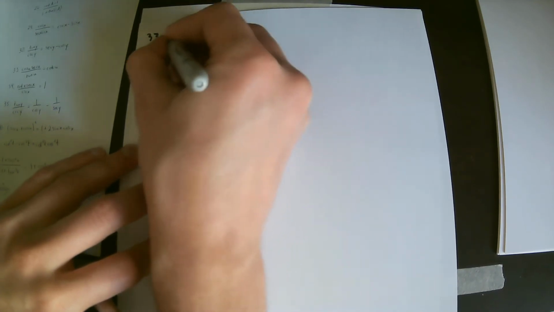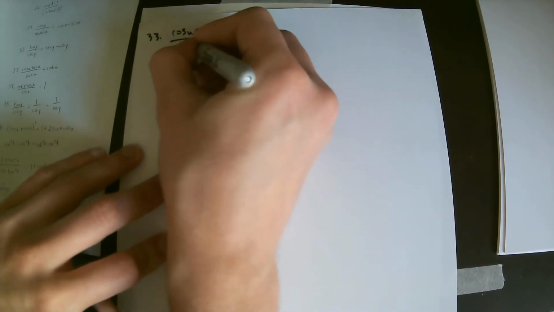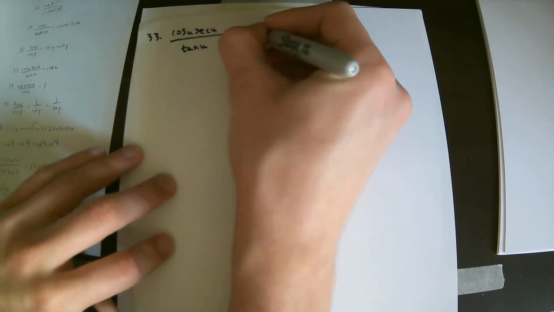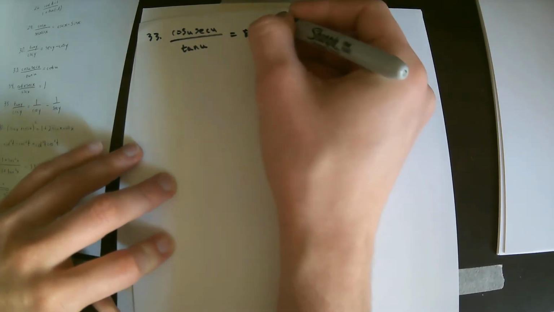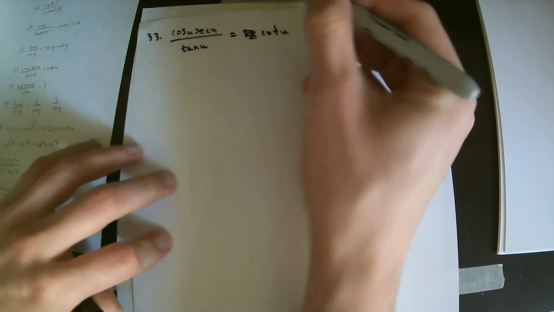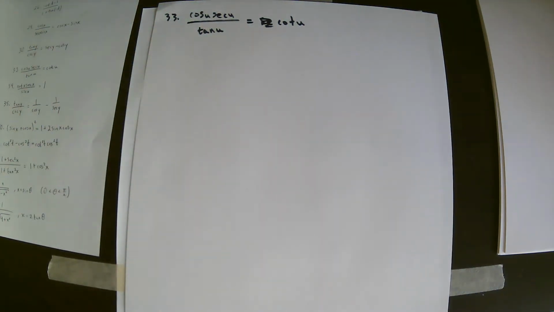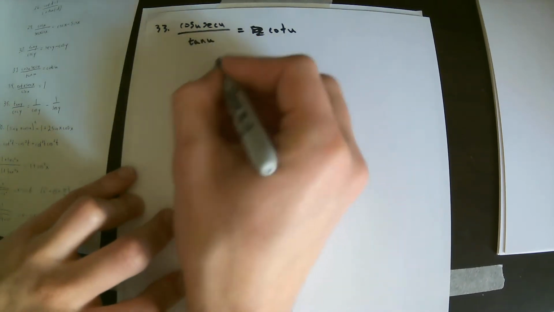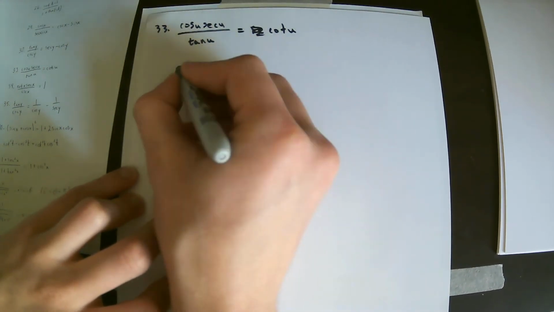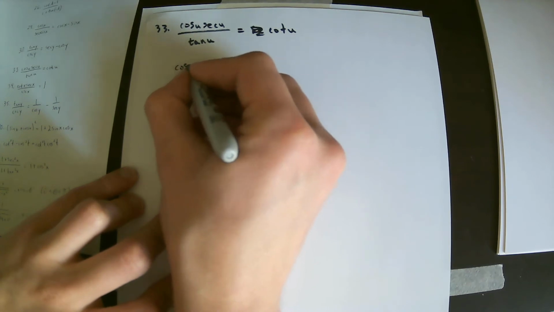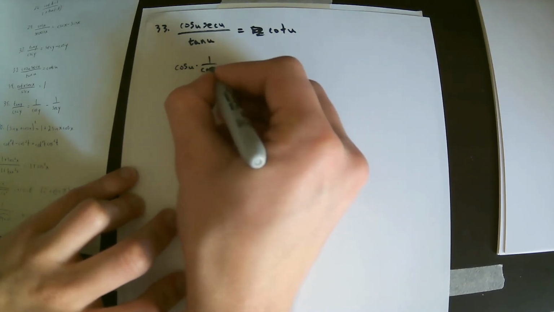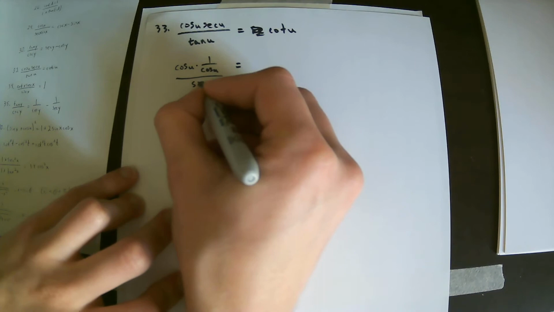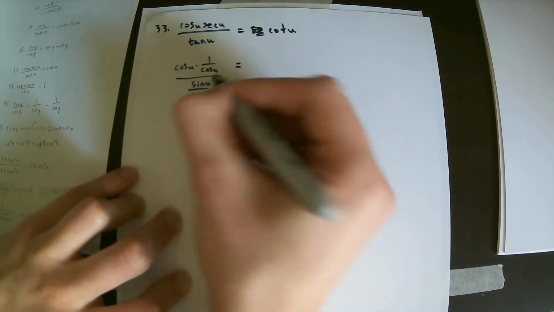Let's try number 33. Cosine of u times secant of u over tangent of u is equal to, where am I? Cotangent of u. Alright, so working both sides, the left-hand side is going to be cosine of u times 1 over cosine of u over sine of u over cosine u.